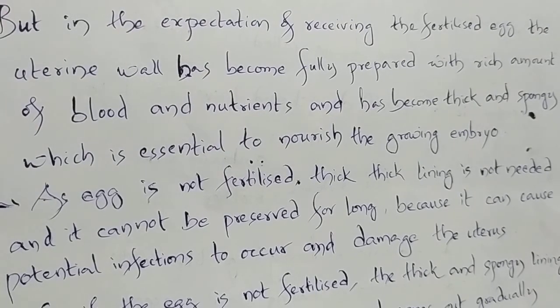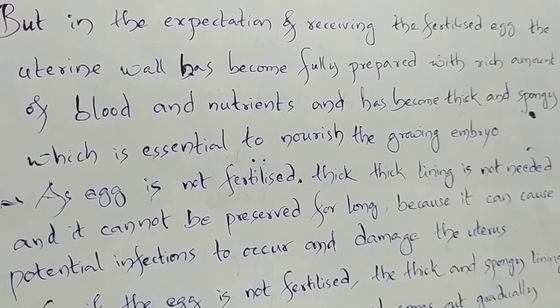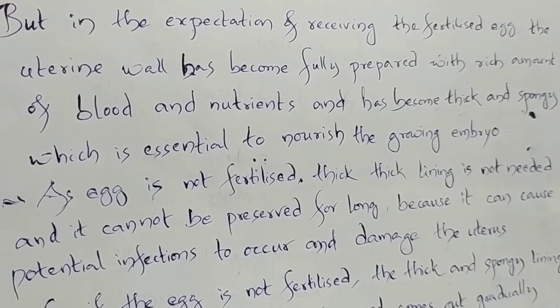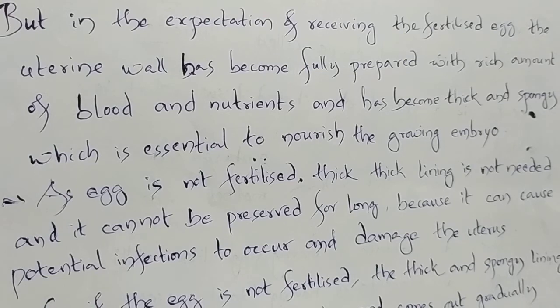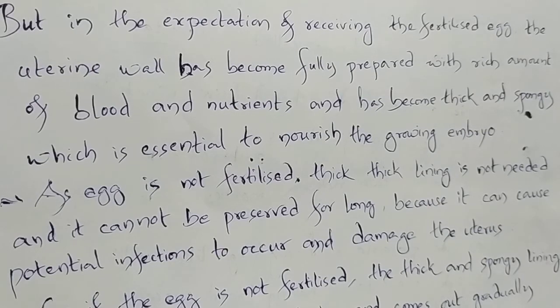As the egg is not fertilized, the thick lining is no more needed, and it cannot be preserved for longer periods, for the next month or subsequent months. So if it is preserved, what will happen? It can cause potential infections because the nutrients can be utilized by infectious microbes, and they can cause the uterus to get spoiled and damaged.